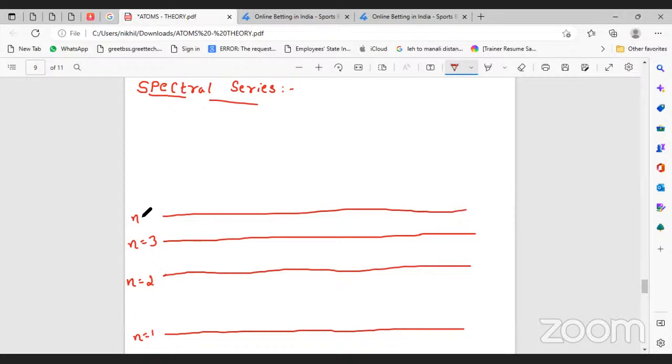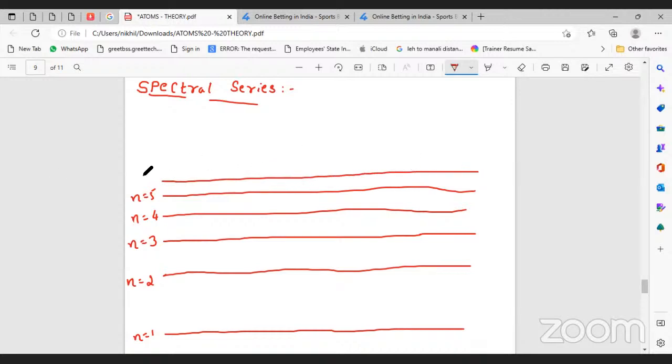This is the fourth orbit. This is the fifth orbit. This is the sixth orbit, like this, till infinity, n equals infinity.